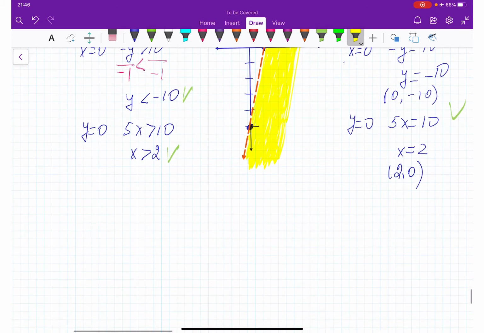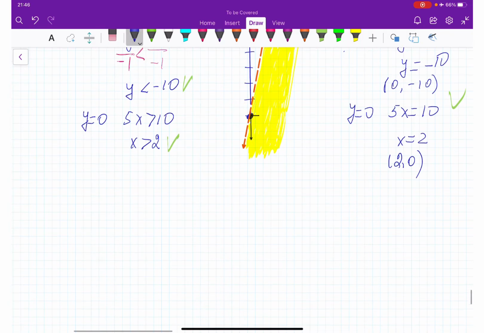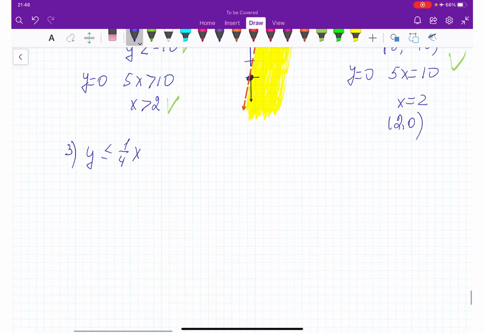Question number 3. We have y is less than or equal to 1/4 of x. Okay?